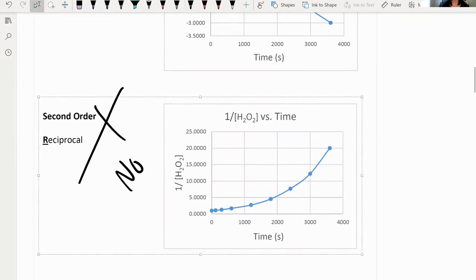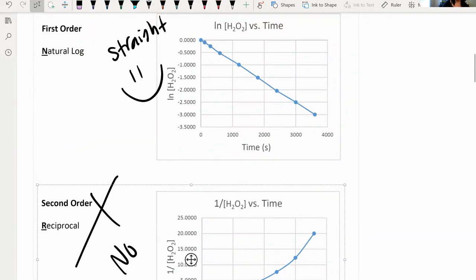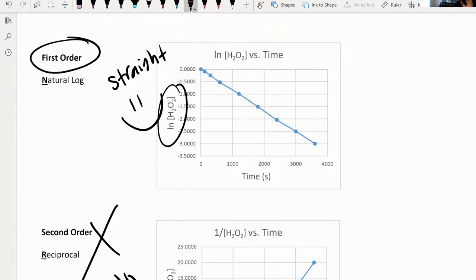The one that produces the straight line, you look at what is on the y-axis. This one says natural log, so I know that this is first order. To help you remember the order of the y-axis, put them in alphabetical order.